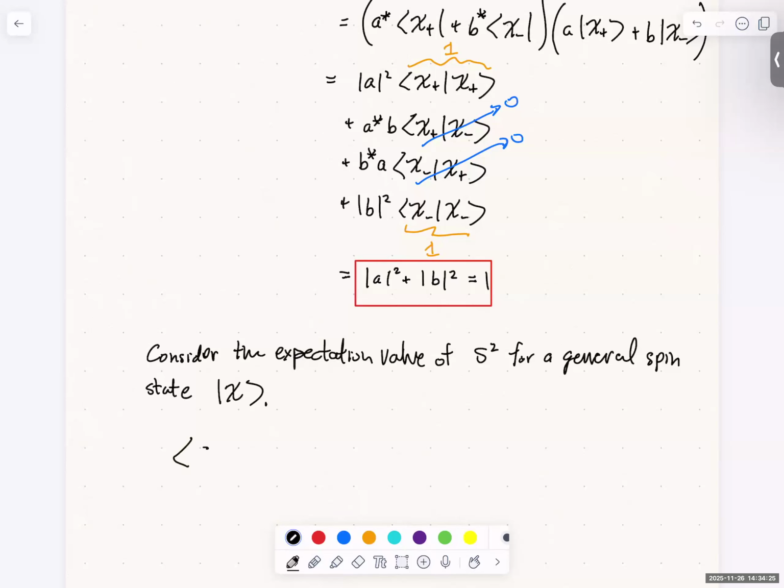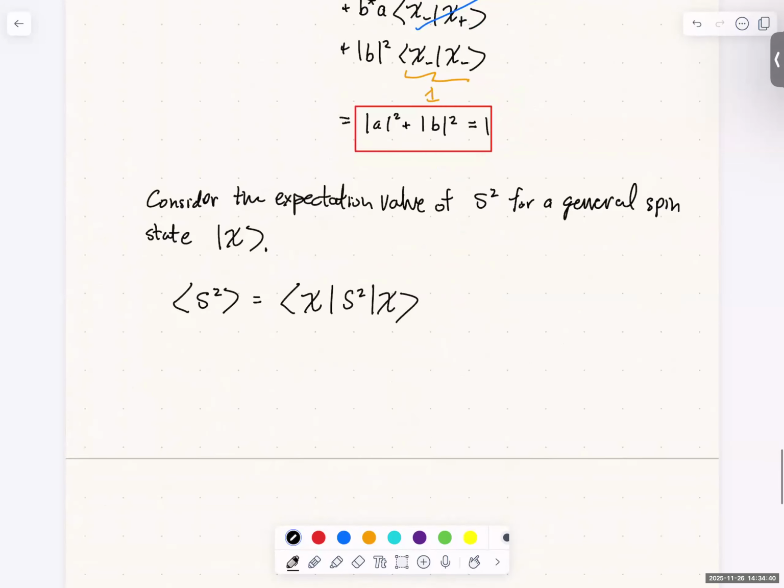If I want the expectation value of s squared, I have to do the inner product between chi and s squared acting on chi. That's fair enough. It's actually very similar to the sort of thing that we just did to show that a squared plus b squared would have to be equal to 1.